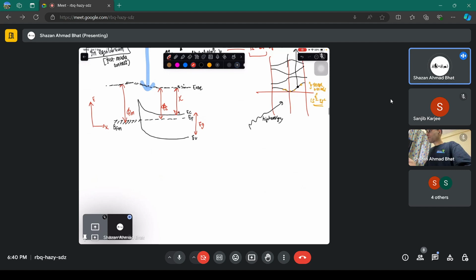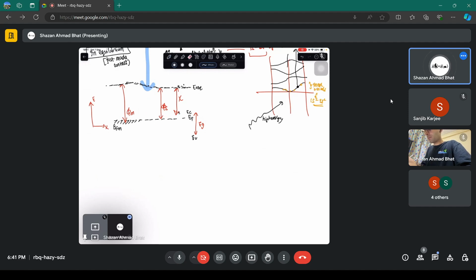Now you have made the contact, and you have seen that there is a band bending. Once this band bending happens, if there is any electron here, it cannot directly go onto this particular region. Why? Because there is a barrier present here.